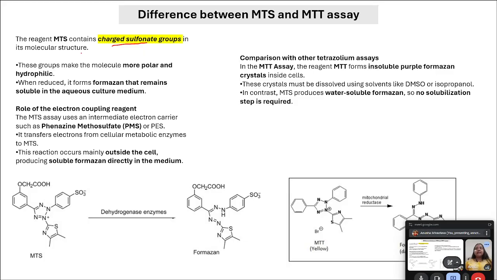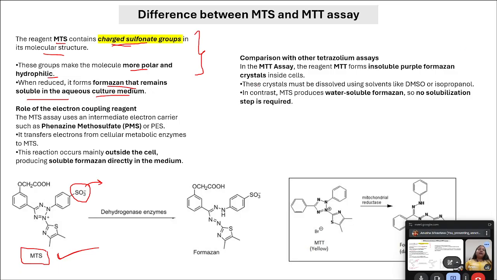The reason is that the MTS reagent being used to treat the cells contains charged sulfonate groups in its molecular structure, which is very well visible here. These groups make the molecule more polar and hydrophilic. And when it is reduced, it forms formazan that remains soluble in the aqueous culture medium. So this is the reason.